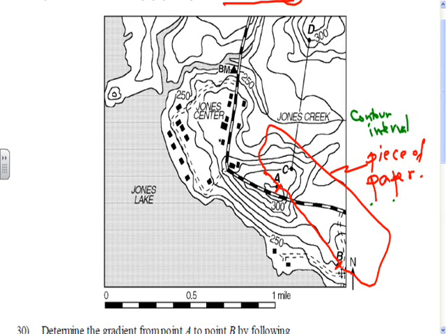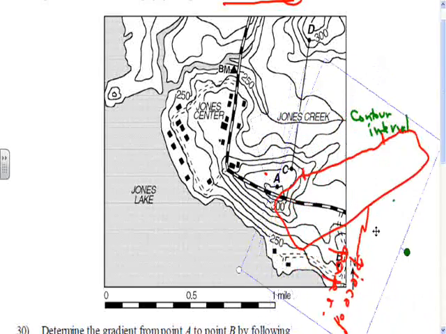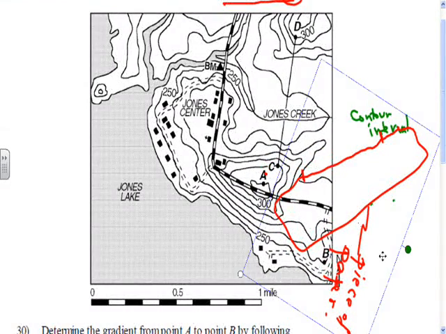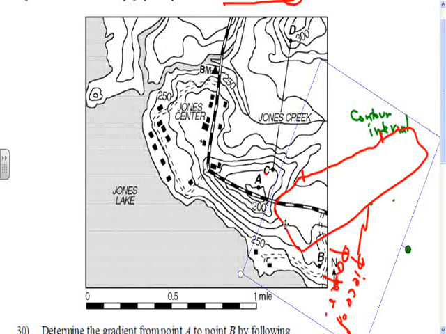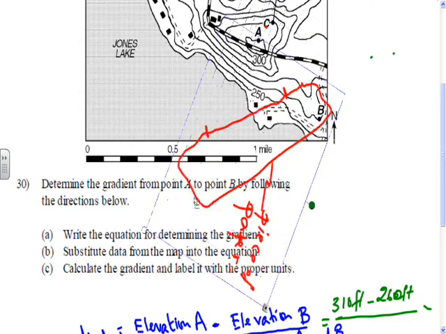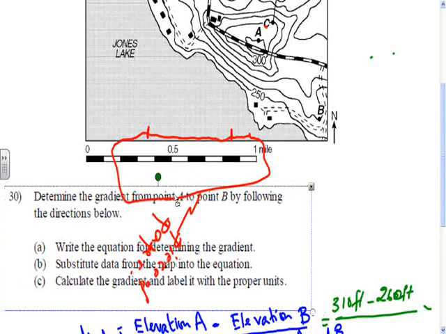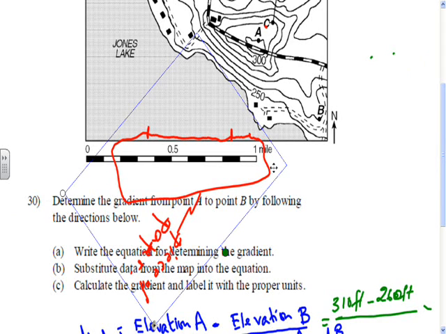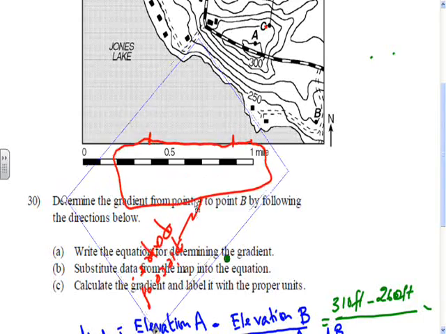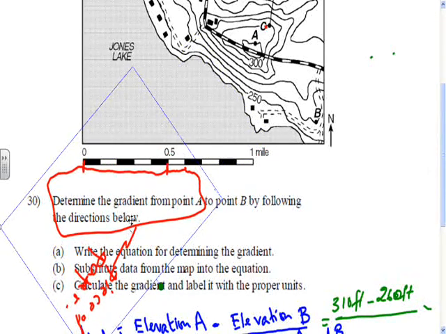Once you've done this, you mark A, you mark B, and you take the piece of paper to the scale, so that the first mark should be on 0 and the second should be on 0.5.